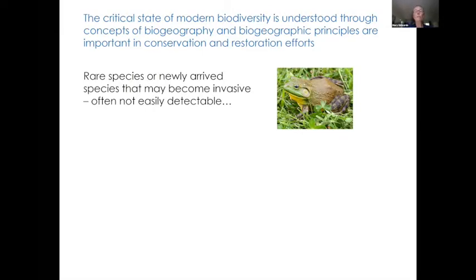So some of the things that are of interest today to biogeographers and ecologists working with our biodiversity might be, for example, trying to detect the presence of rare species or cryptic species, very, very hard to find by contemporary or normal monitoring methods. Here we have the American bullfrog, which is also invasive in Europe, for example.